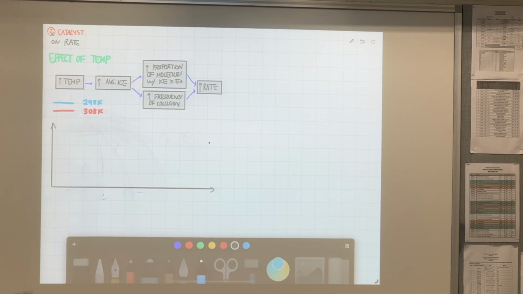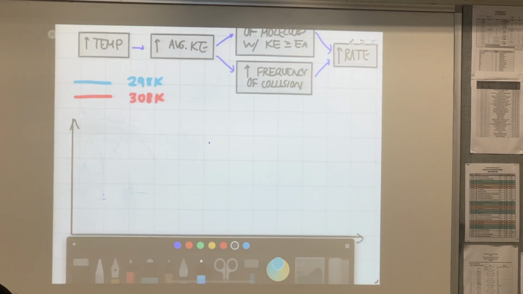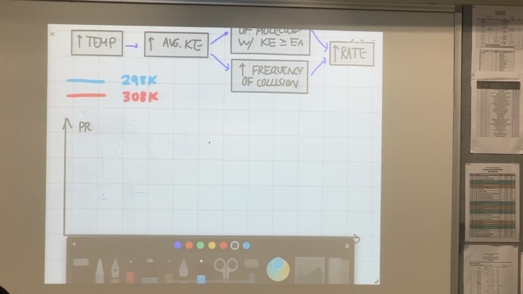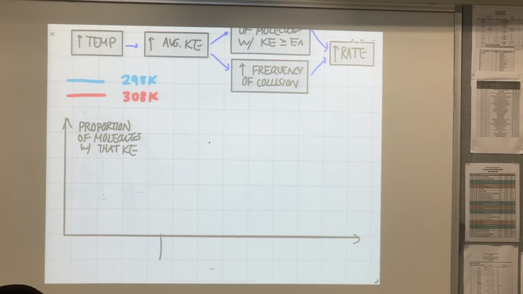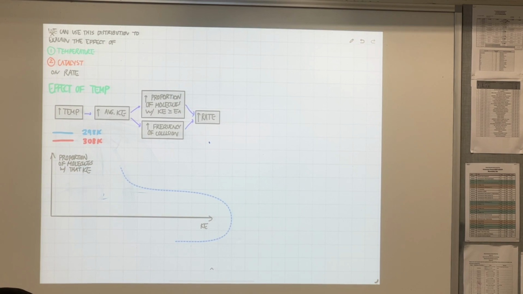What are the axis labels for the y and the x-axis respectively in the Maxwell-Boltzmann distribution? The number or proportion of particles with that kinetic energy. X-axis is kinetic energy. Okay, so x-axis is just kinetic energy. So I'll copy this graph for use later.